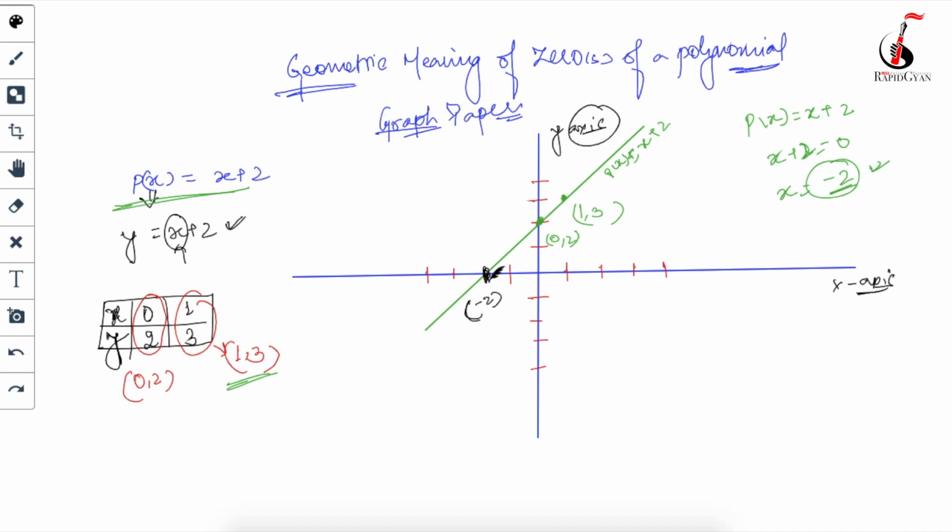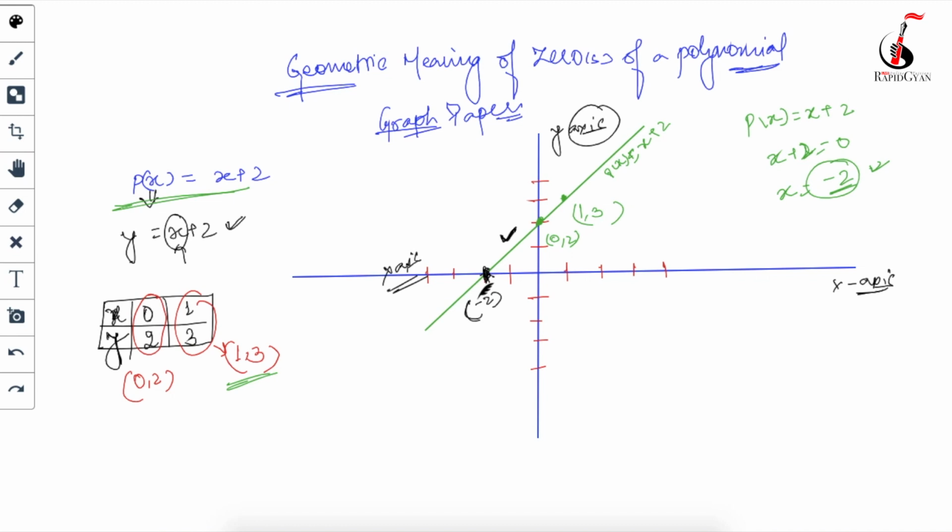What you are seeing is the point at which this line intersects your x-axis. The point at which the graph line intersects your x-axis is the zero of the polynomial.